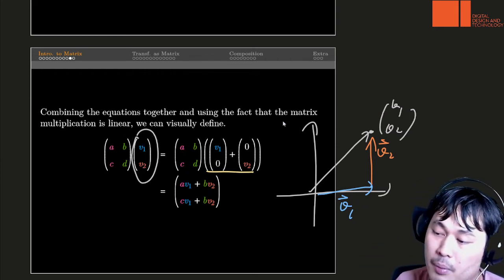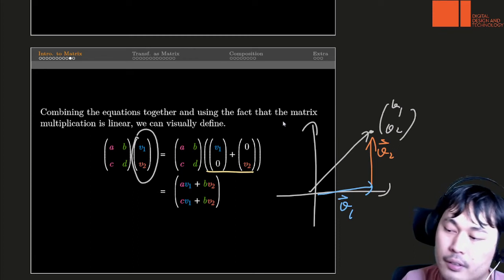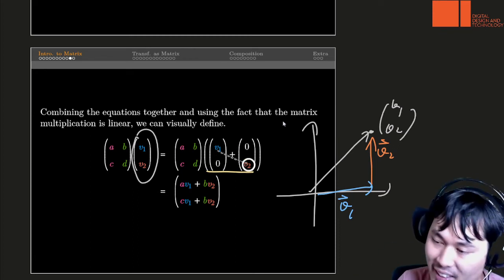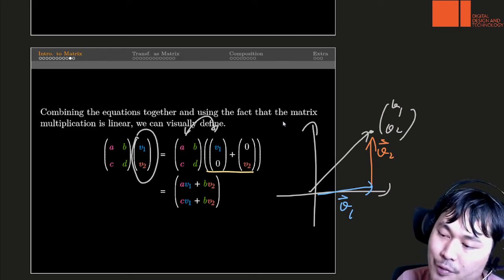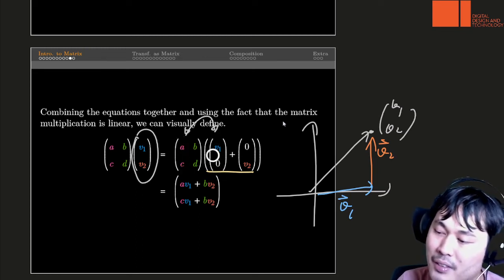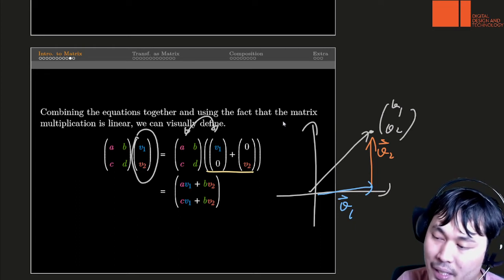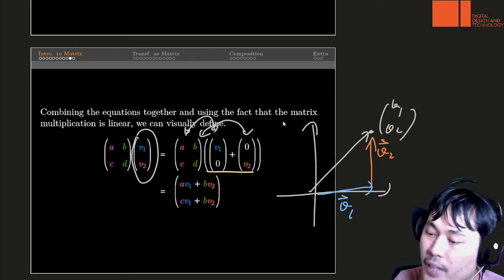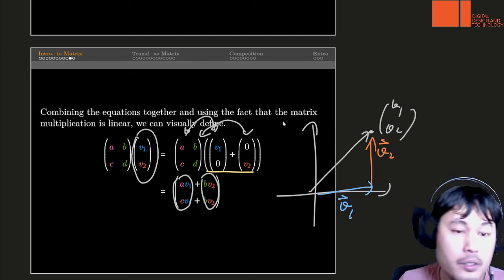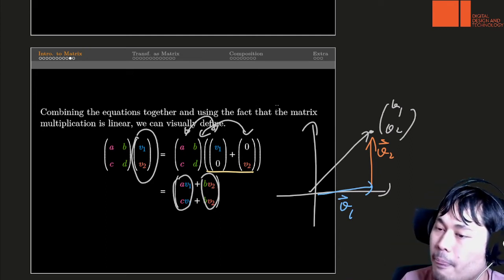So this vector can be broken into two different vectors. And in this form, it now makes sense to multiply the first column by the first vector, and then the second column by the second vector. And that's why you get this as a result at the end.